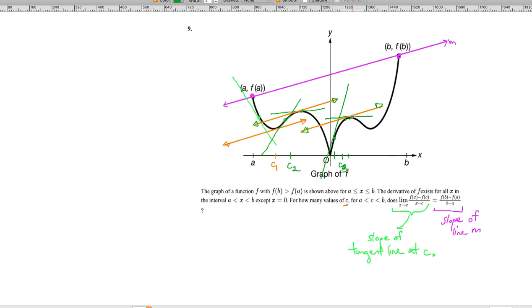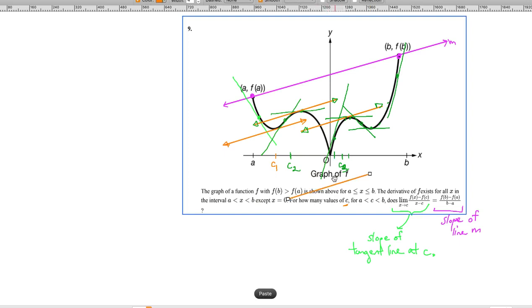And then if we keep going, this slope is negative, this slope is 0. And then if I keep going, this slope is very high, much higher than the secant line. So it went from 0 to being very high again.